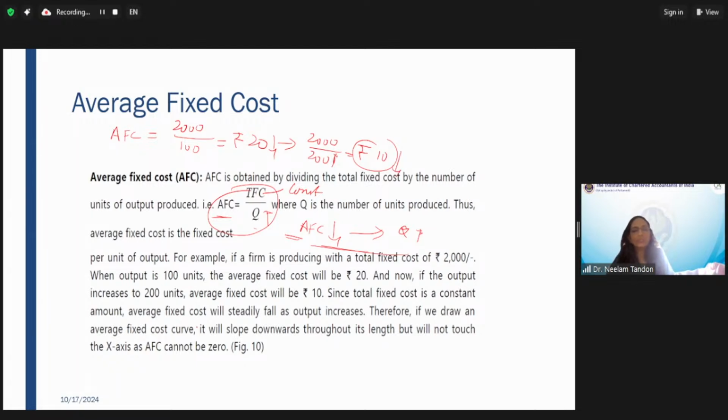So what will be the shape of the AFC? AFC will always be somewhat like this. So this is average fixed cost and this is output. As you produce more and more, average fixed cost starts decreasing. So AFC will be like this. But AFC will never touch the x-axis.